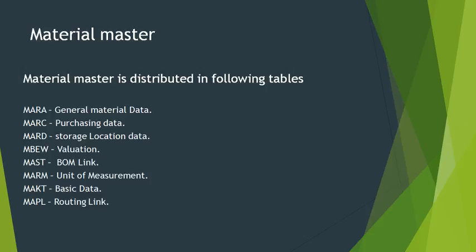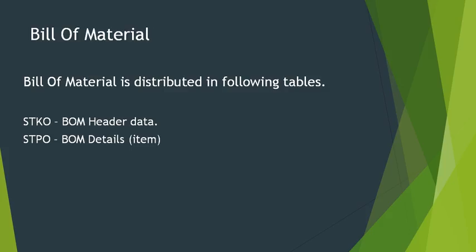We'll look at each and every table after a few slides. These are the tables used to get the information of the material master. This is the table used to find the information related to the bill of material: STKO, STPO.